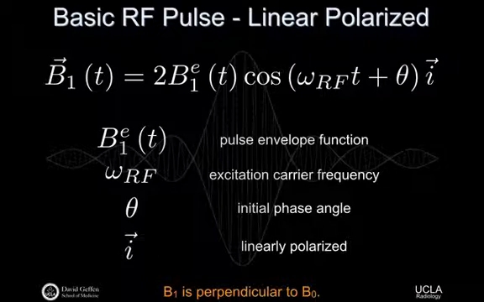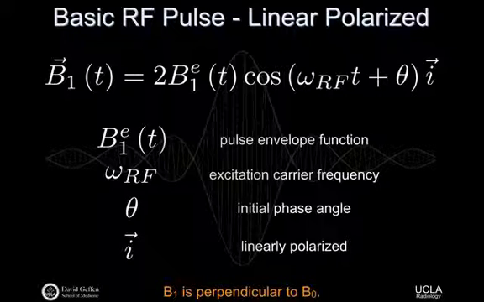But this is one expression for the B1 fields that we would like to generate, right? And there are different possible expressions, but let's start with this one. So here we're saying the B1 field, it's a vector field, right? So it has a magnetic field that's pointing in some direction, and it varies as a function of time, really for 2 different reasons. On the front end here, don't worry about the 2, it just becomes a matter of convenience for later, so fine, there's a 2.